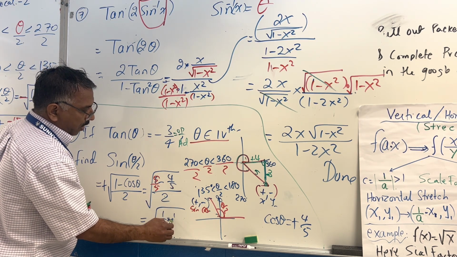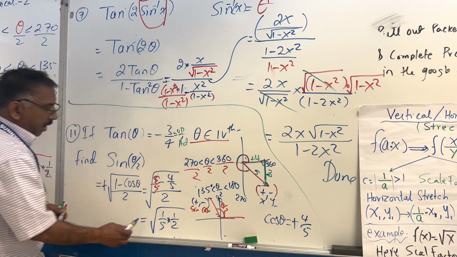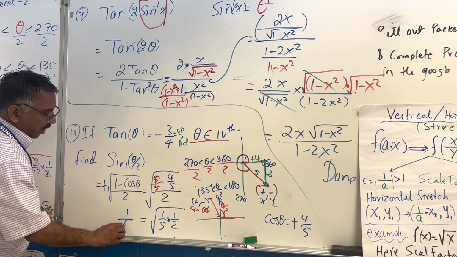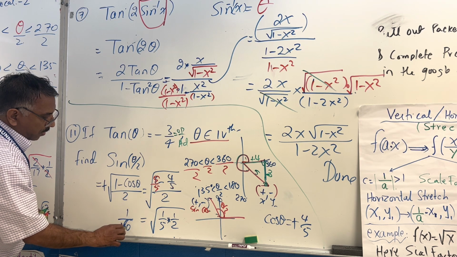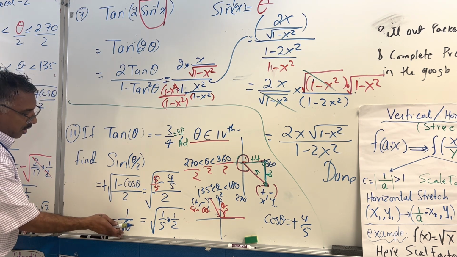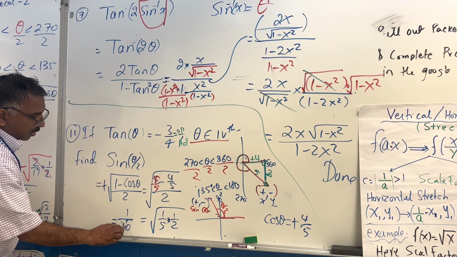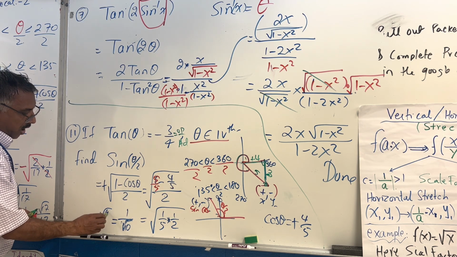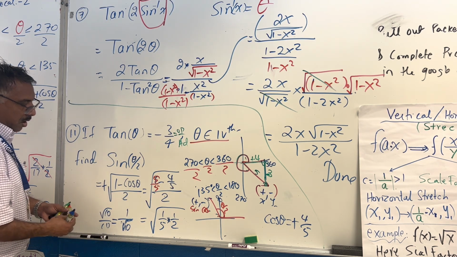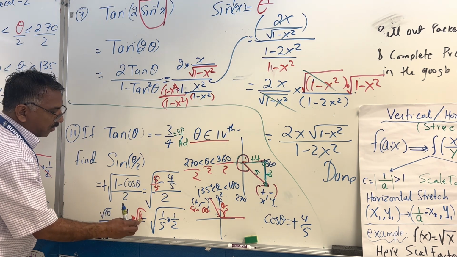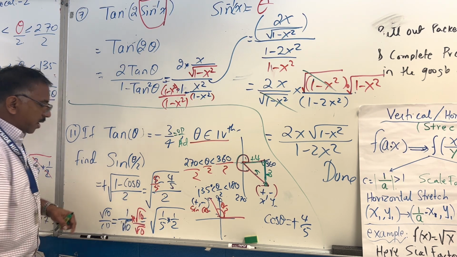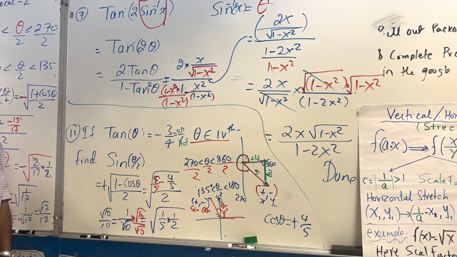Keep, change, flip, and you end up getting 1 over square root of 10, and this can be written as square root of 10 divided by 10, because you are multiplying by square root of 10, and you're done.